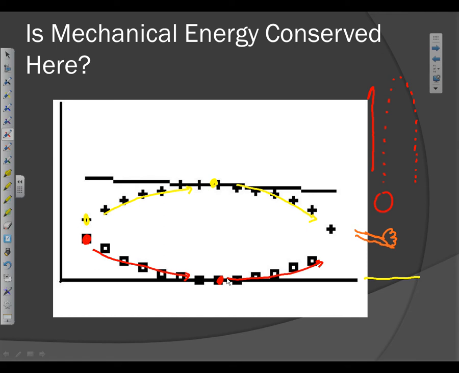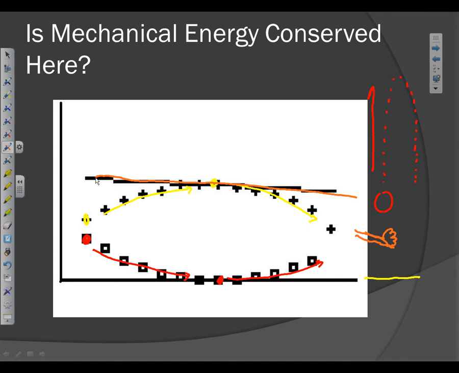But the whole point of this being that if you looked at the total, it's not the same. It keeps getting lower and lower and lower. Meaning, was gravity the only thing acting on that ball as it flies through the air? No, because gravity is a conservative force.